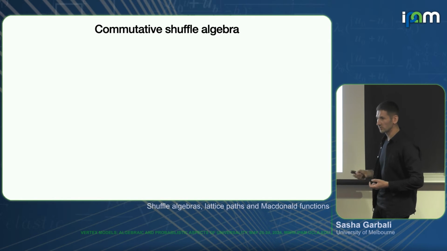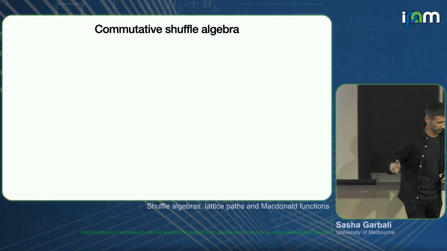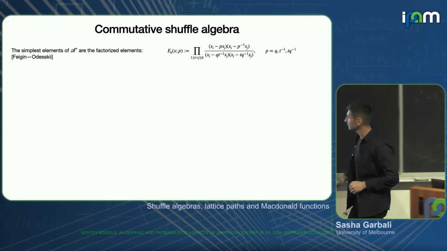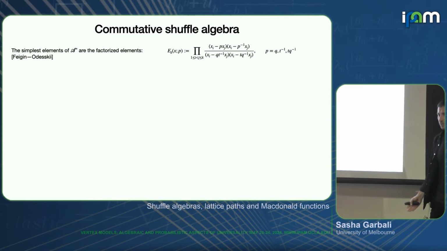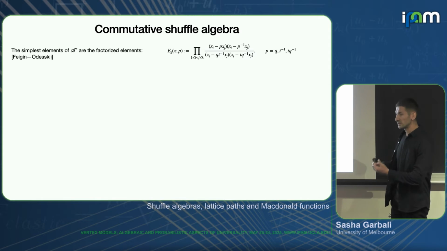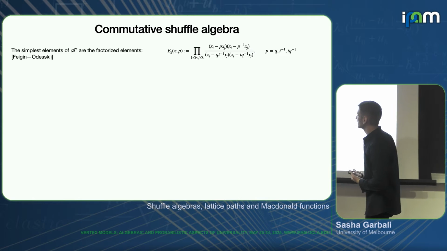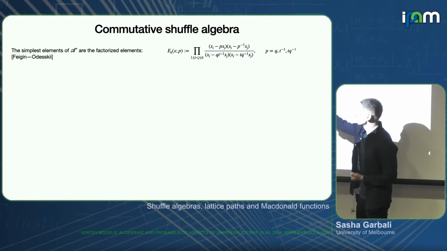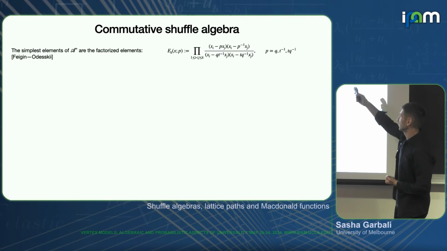So I will give you a few examples, which will play a role later, of this commutative subalgebra. So the first thing when you encounter a shuffle algebra, you should think about the simplest kind of element of the shuffle algebra. So what is the simplest rational function that satisfies wheel conditions? And this is what Feigin and Odesskii figured out. They looked at the factorized elements.